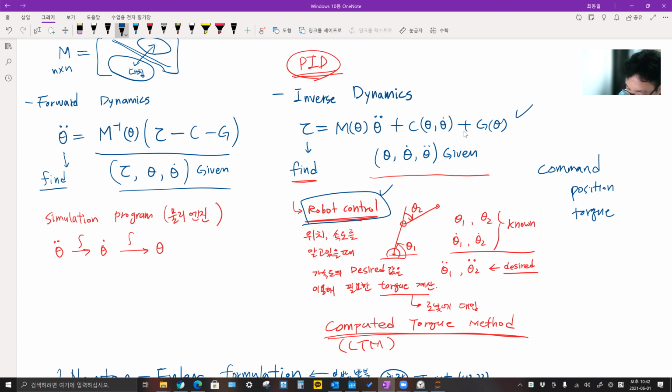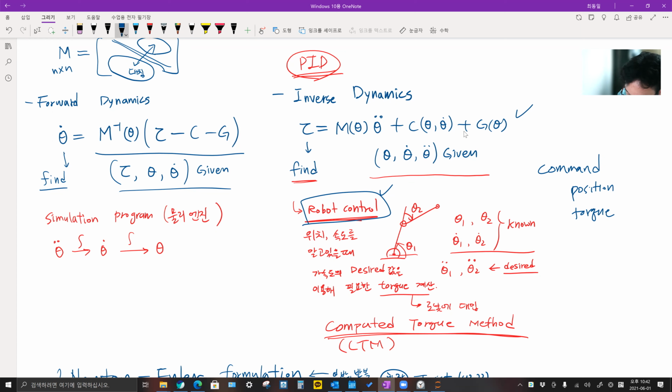So in this case, if we know the torque, theta, and theta dot, that means position and velocity and torque, then we can calculate the acceleration. So in the forward dynamics, we calculate the acceleration.